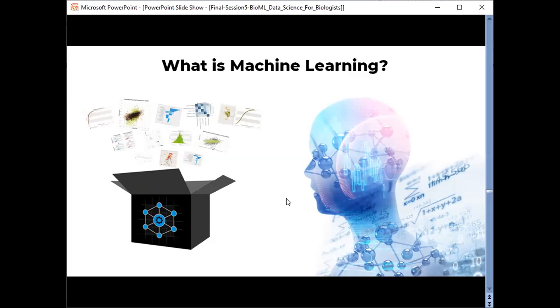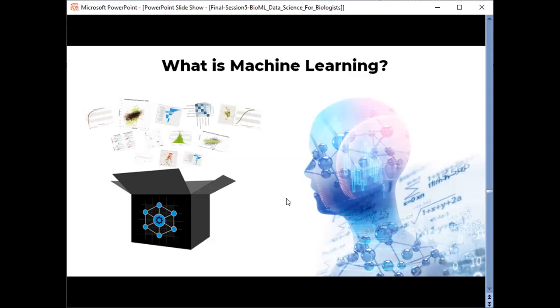Now the question arises: why do we need to apply machine learning on RNA-seq data when we have a number of statistical methods? The answer is the high dimensionality of the data. What does high dimensionality mean? For a gene expression table, we could have 20,000 genes, and hundreds of genes that are important for consideration.